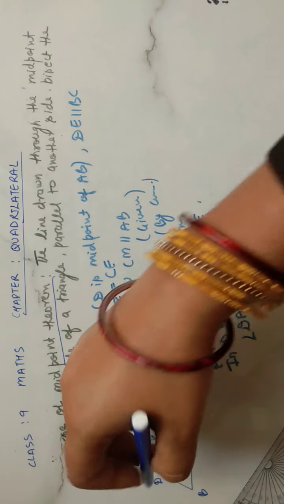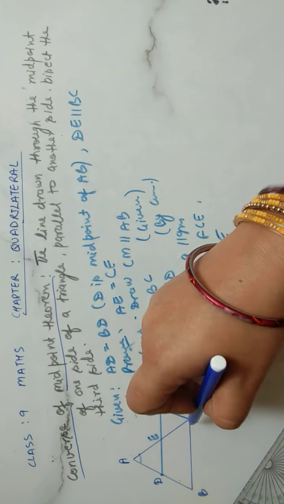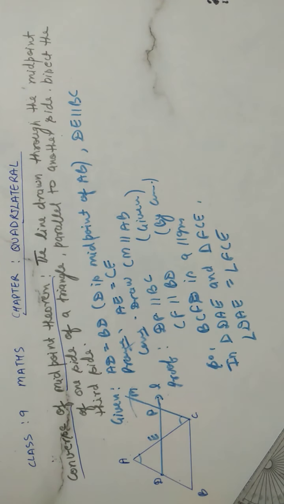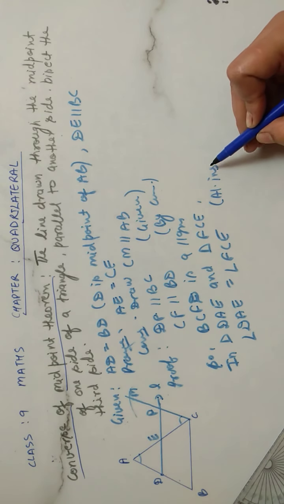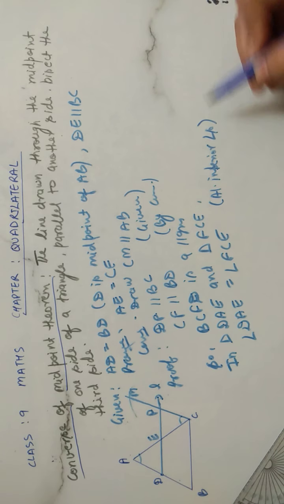The reason is the same as in the previous question: alternate interior angles. Those who have seen the previous video can easily understand that these two are alternate interior angles.